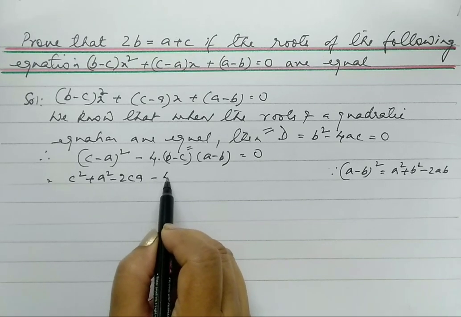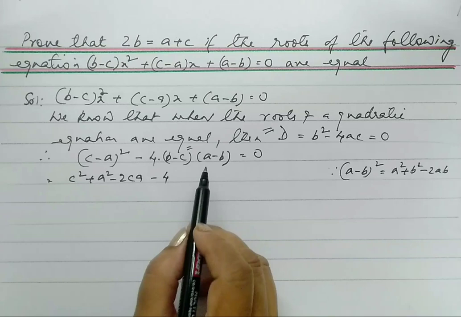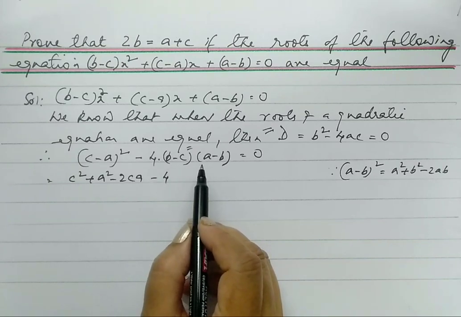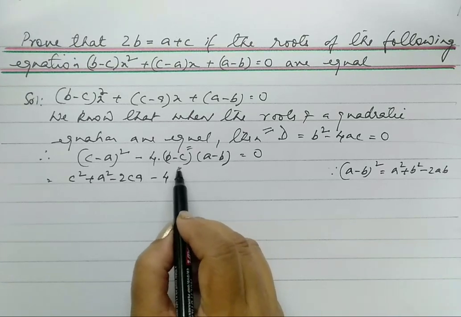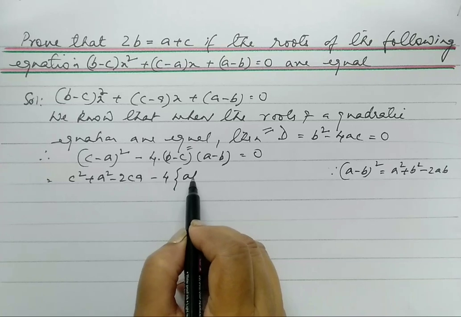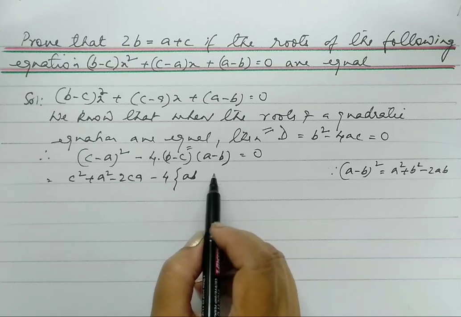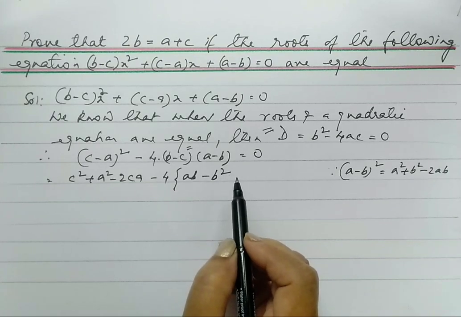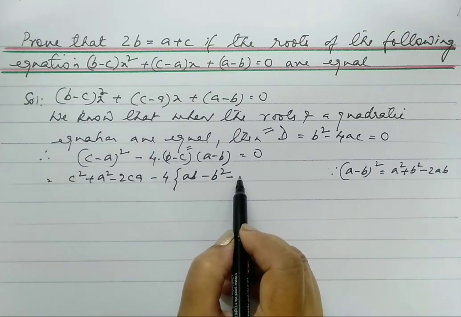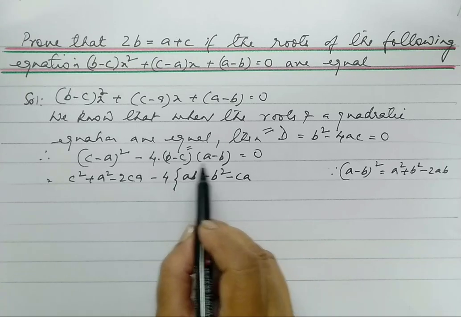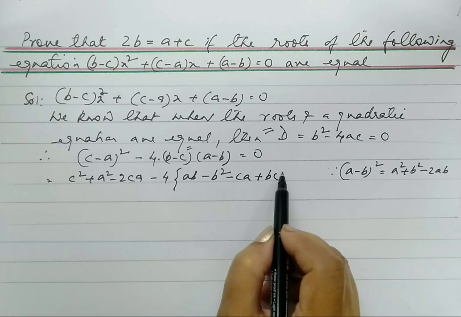Now here we have to be a little careful. So first let us multiply these two, okay? So b into a is what? ab, correct? So let me do it separately. So this comes to be ab. B into a is this. Then b into minus b will be minus b square, right? Minus c into a is minus ca, and minus c into minus b is plus bc.